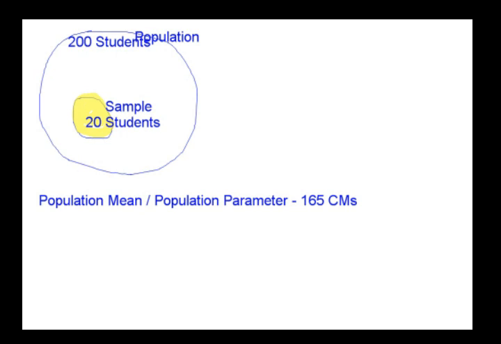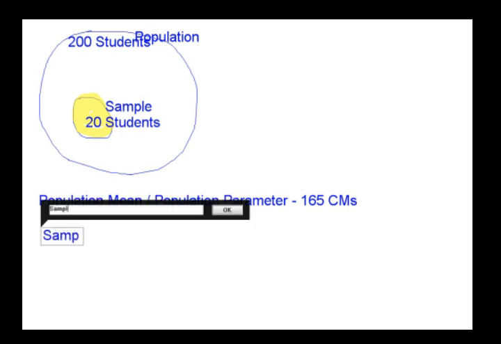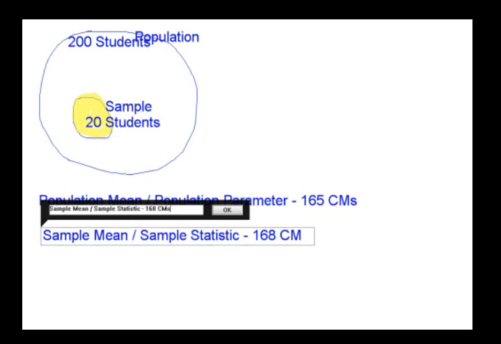Since these 20 students represent the sample, the average height here is called the sample mean or sample statistic. Let's imagine it turns out to be around 168 centimeters.